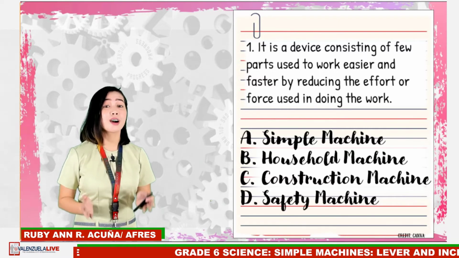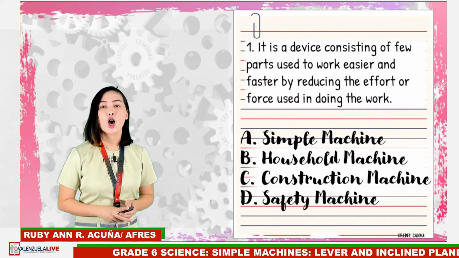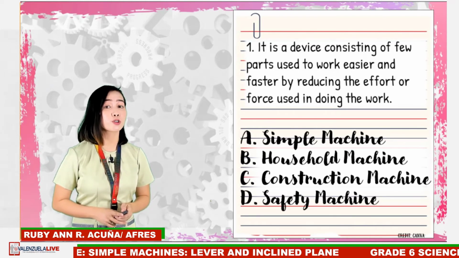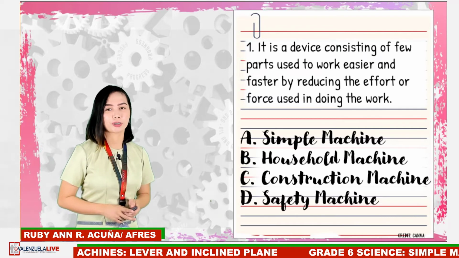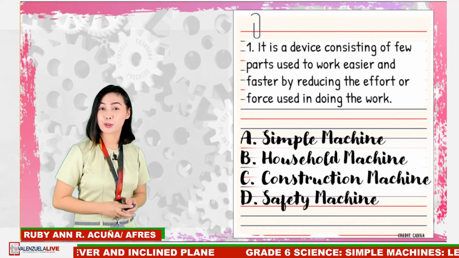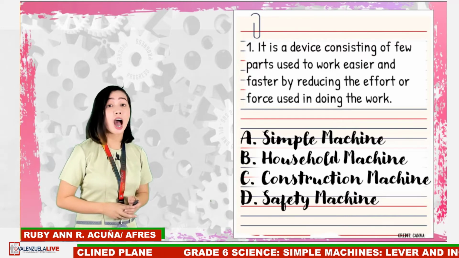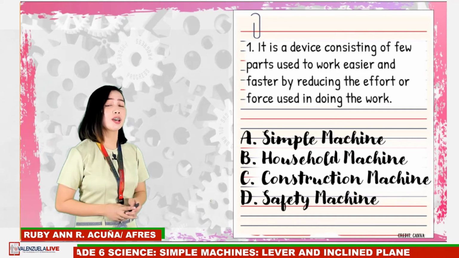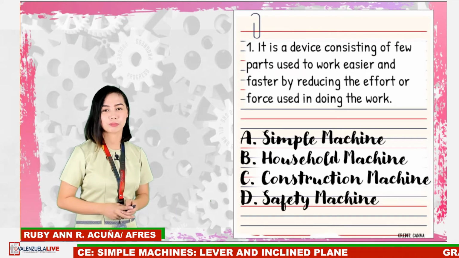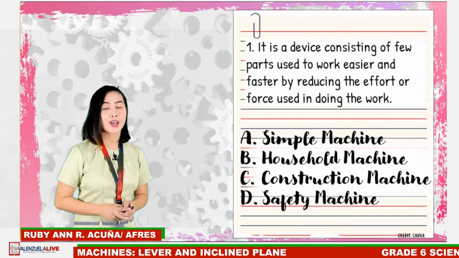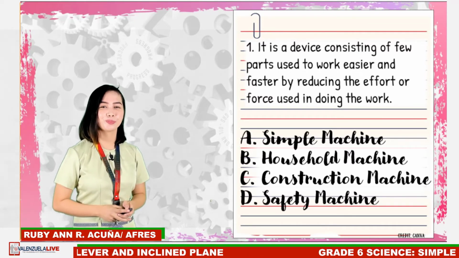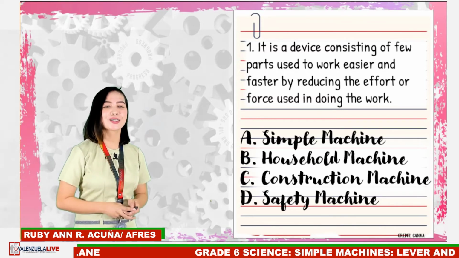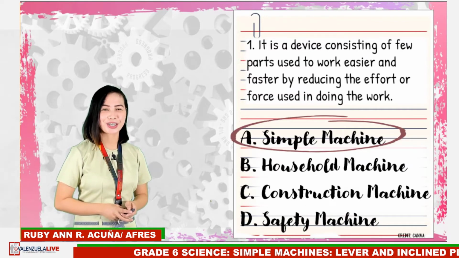Is it A, simple machine, B, household machine, C, construction machine, or D, safety machine? Alright, the correct answer is simple machine.